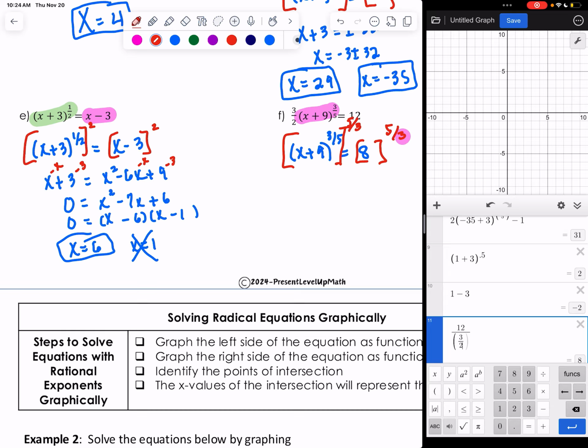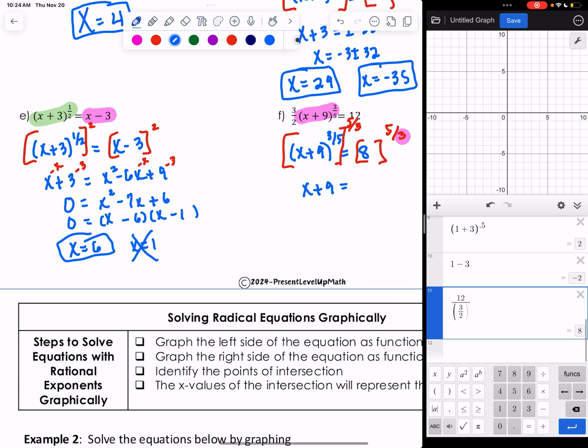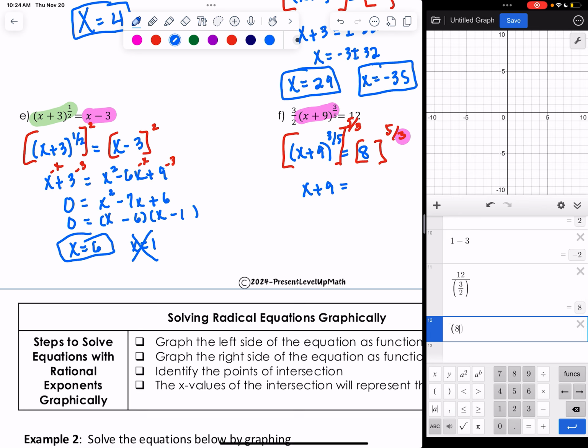So this would be x plus 9 equals, over here, parenthesis 8, parenthesis to the 5 over 3. That would be 32. And then just subtract 9 from both sides. So 32 minus 9, let's see, 32 minus 10 would be 22, 23.